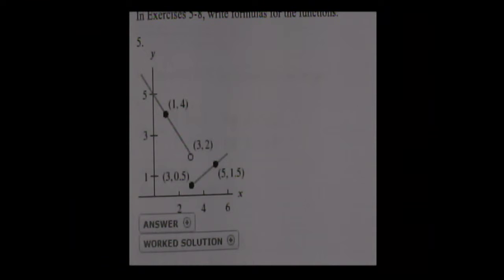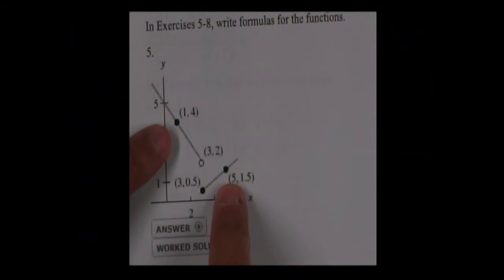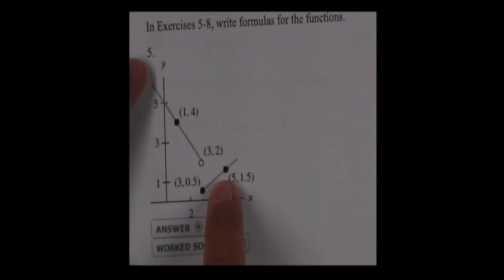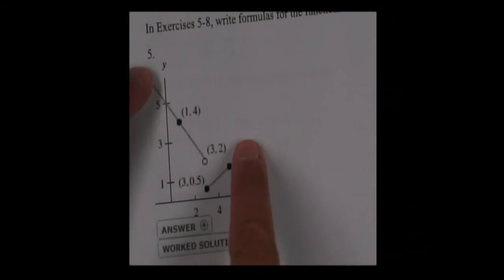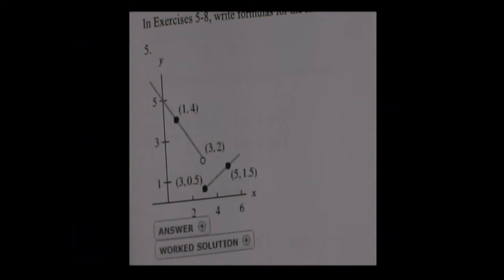So if I asked you to draw these right here, could you draw this whole graph from here over to here without lifting your pencil? No. So that tells me that I have some sort of what we call a jump in there. So yeah, that's good that there's one open circle. So that's going to be important because that tells me I'm going to have just inequality someplace. Excellent point.